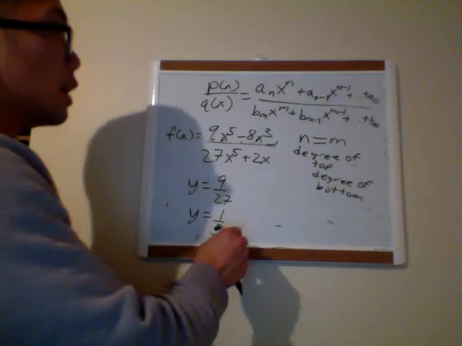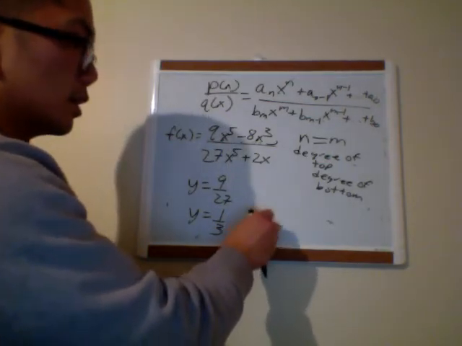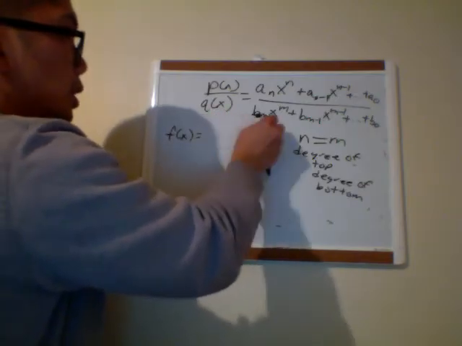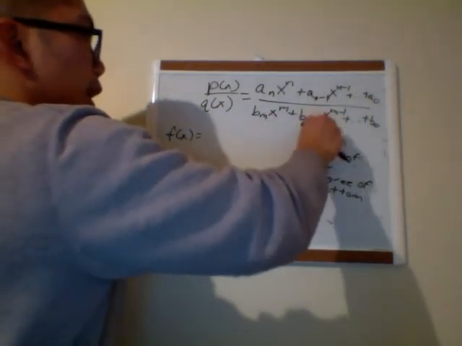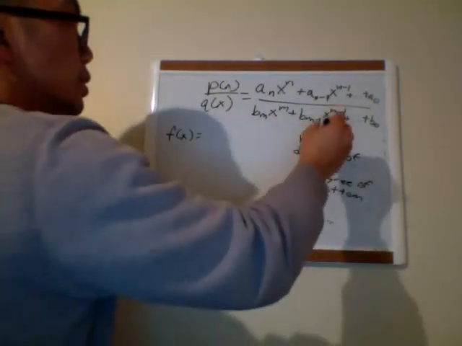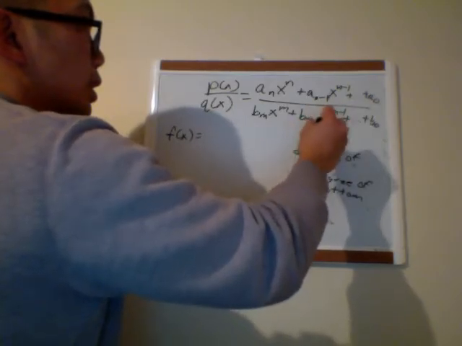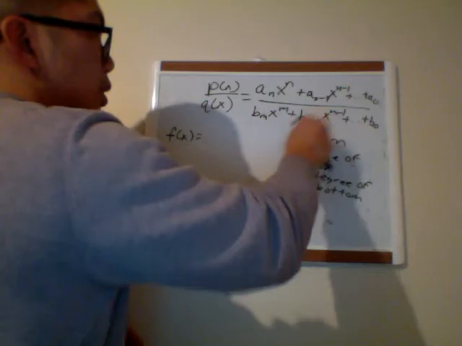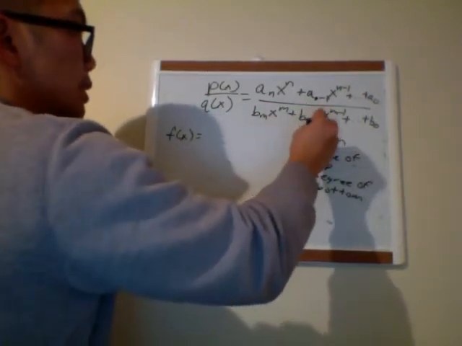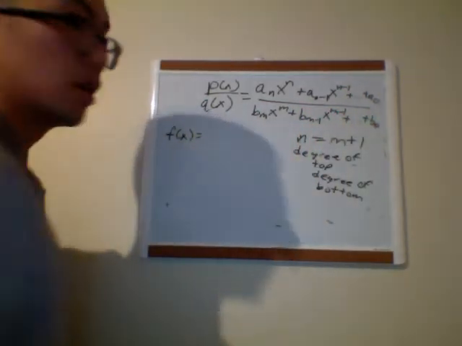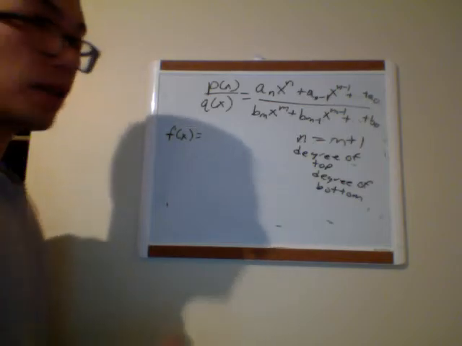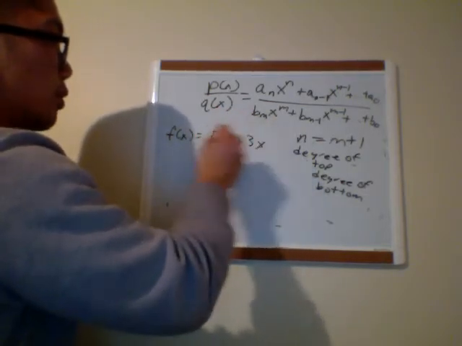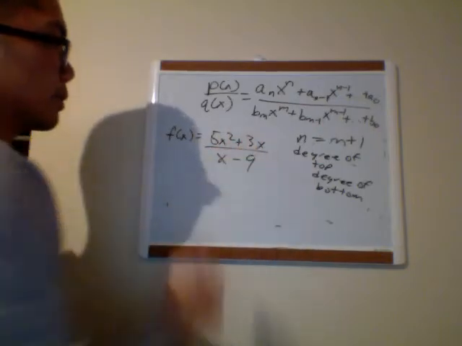Okay. Now, the next case is when n is equal to m plus 1. So for example, if I have 5x squared plus 3x over x minus 9.